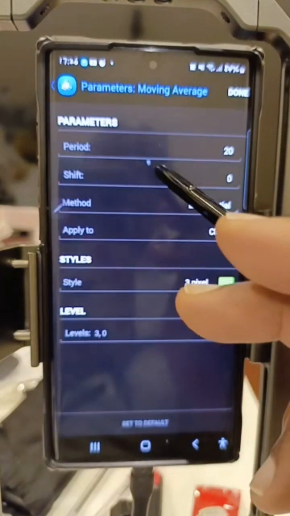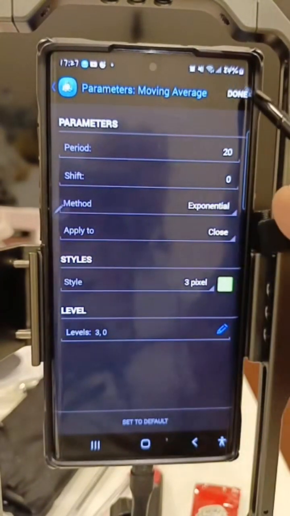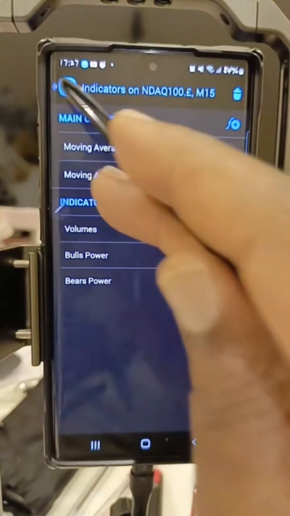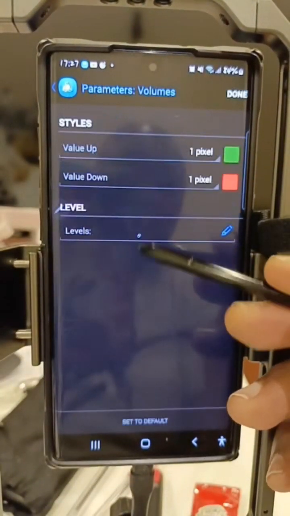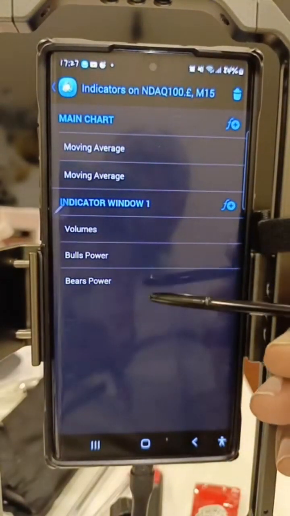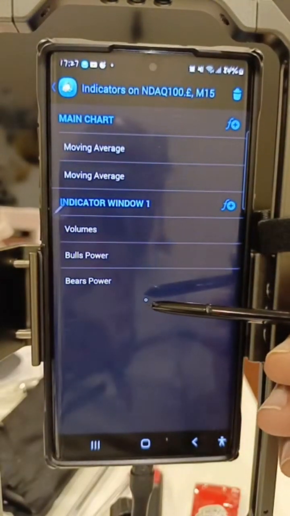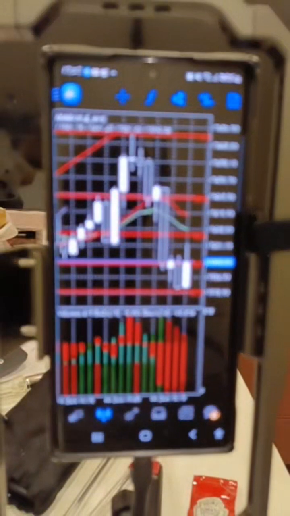For my 20, I'm using 20 exponential. So these are my indicators. And I'm using the volume here. I'm using bull power, bear power. Does that answer your question? This is just for educational purposes.